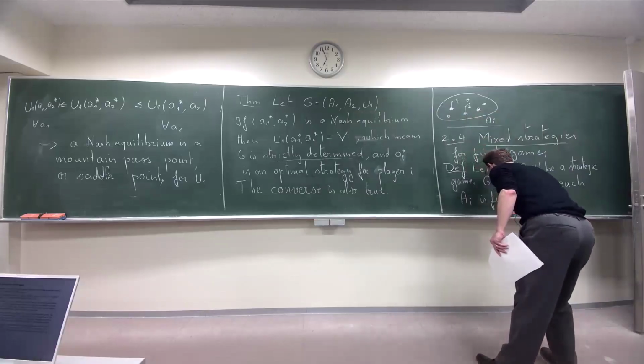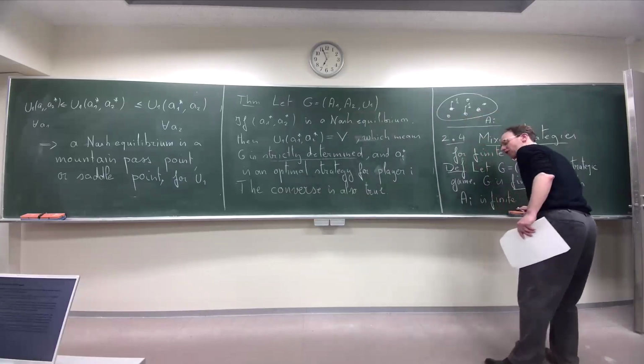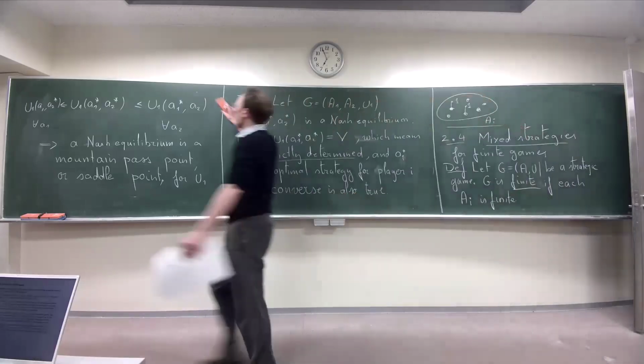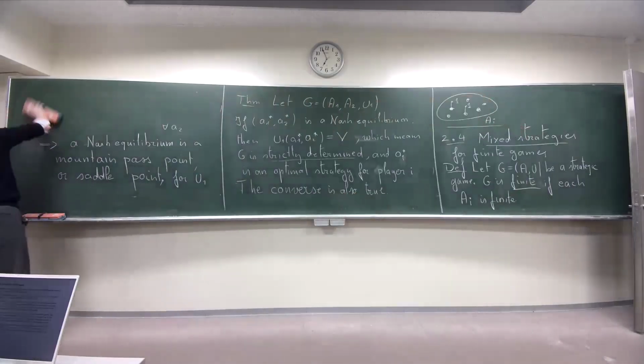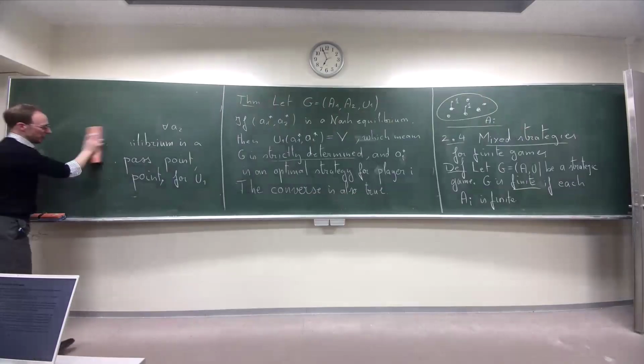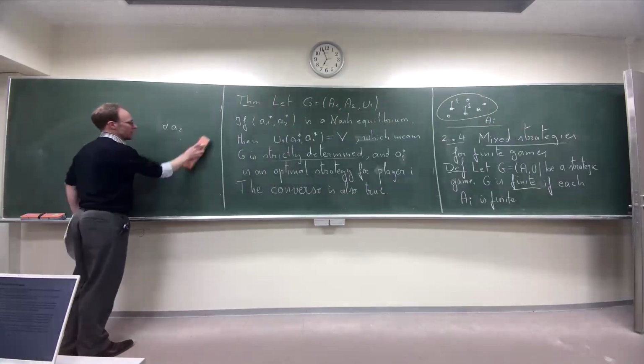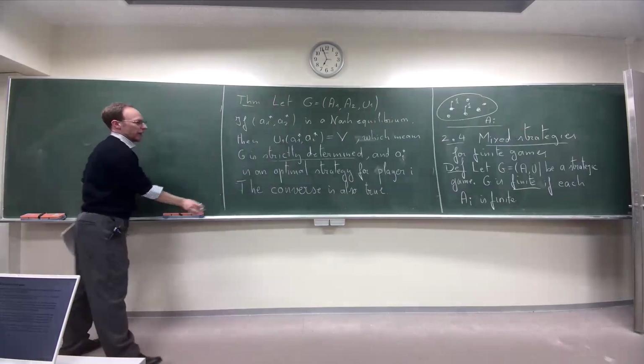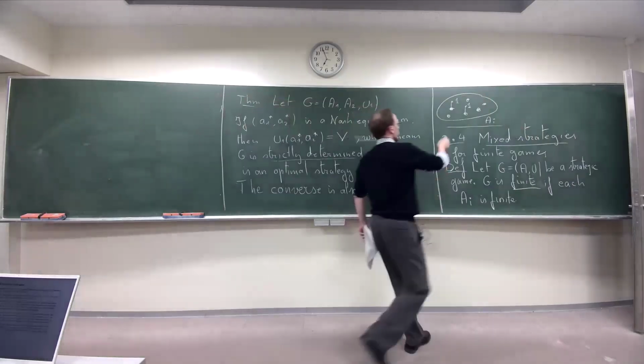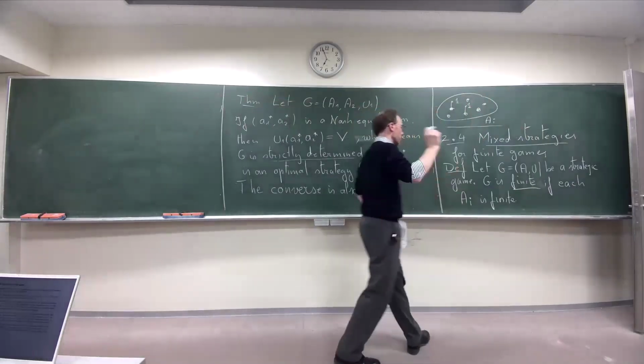It means each player has only a finite number of strategies before taking linear combinations. So this is the definition. A finite game means each player, or each agent, has only a finite number of options.